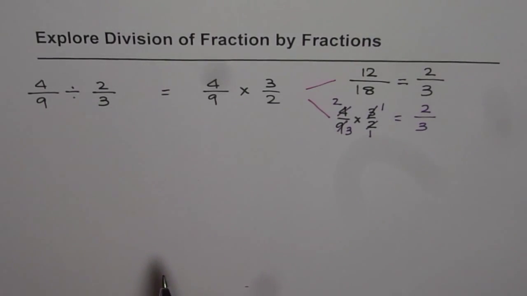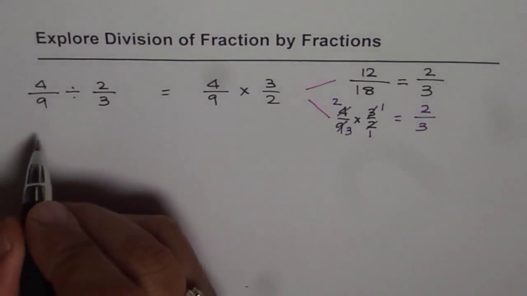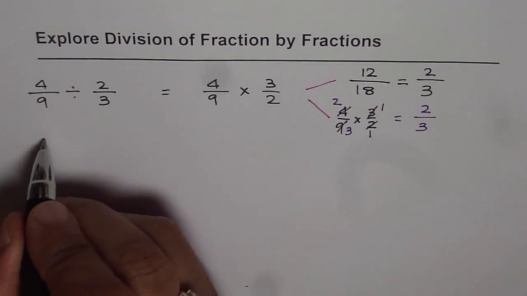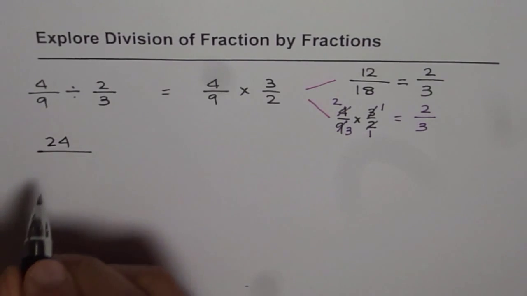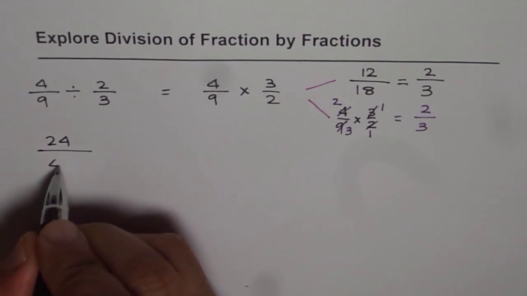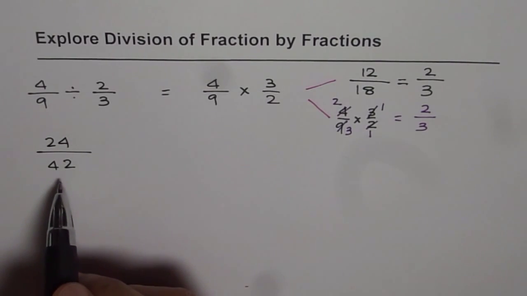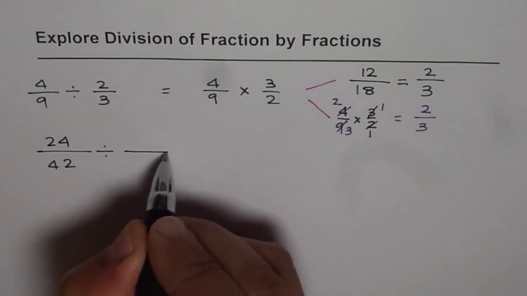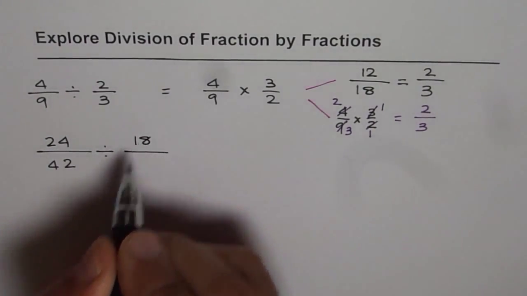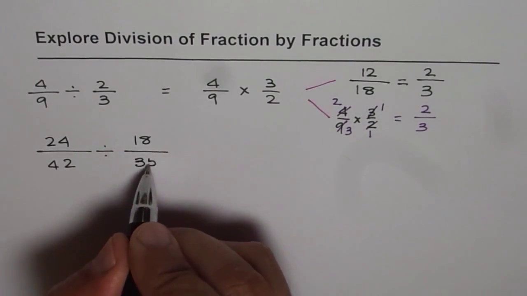So let's take another example. This time we'll take slightly bigger numbers, right? So let's go to 2-digit numbers, and instead of 4 let me write 24 this time. 24 over 42. So a fraction itself is also division, right? Divided by, let us say, 18 over 35.